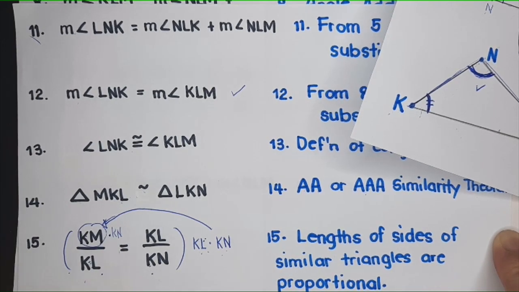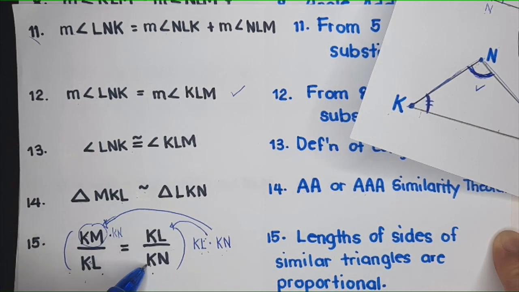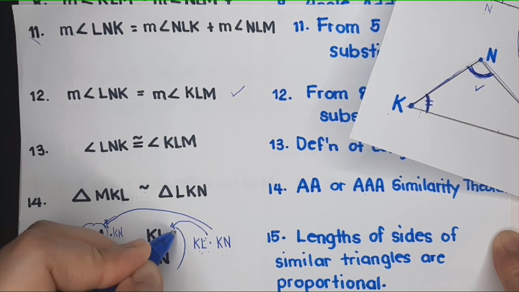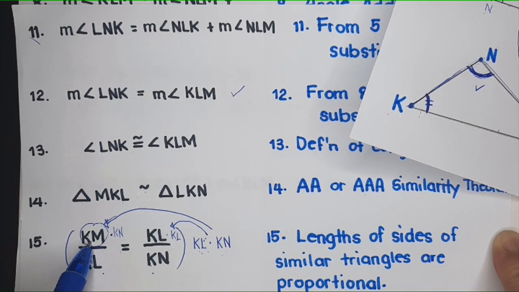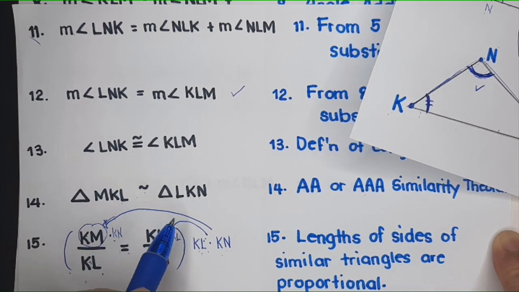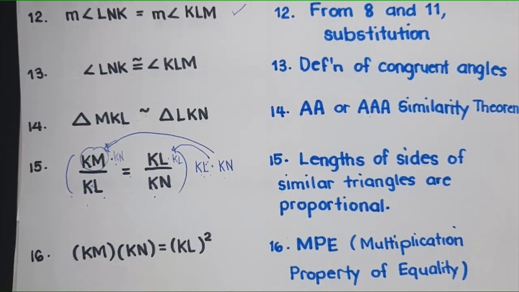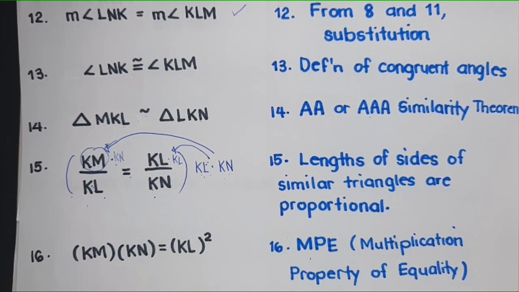Right? Okay, tapos pag ito naman, dinistribute ko dito, alin na magka-cancel? KN. Okay? You're going to have another KL here. Right? So that's why you have KM times KN equals KL squared. And that proves the theorem. Okay? That's going to be our last statement by multiplication property of equality.